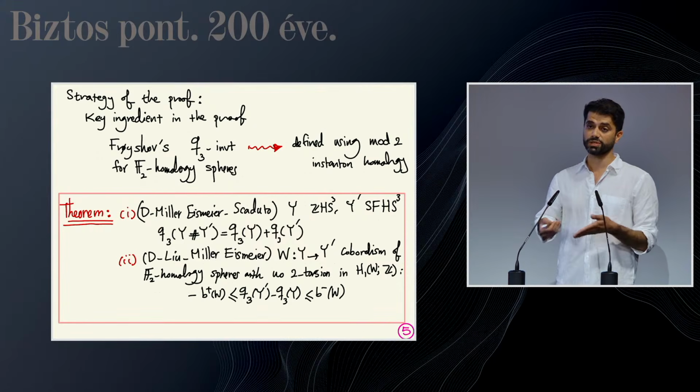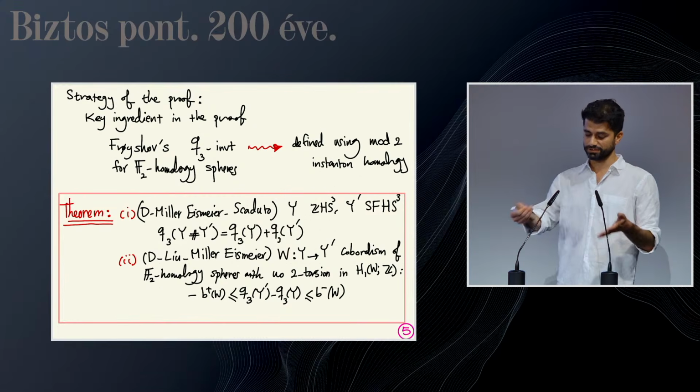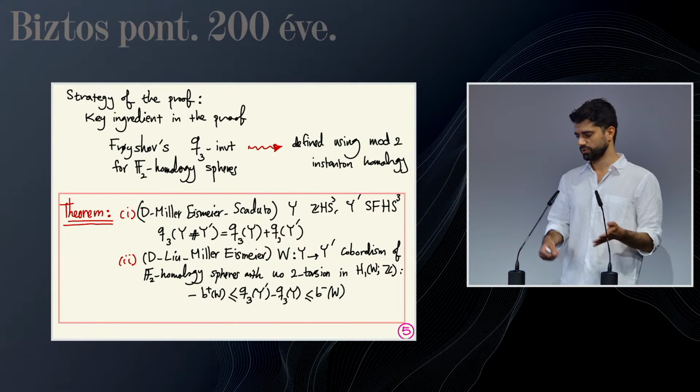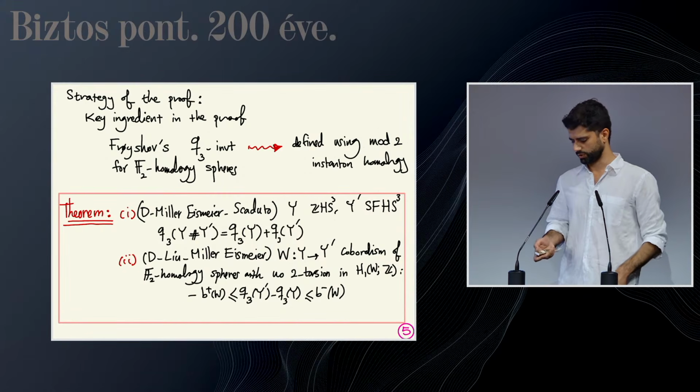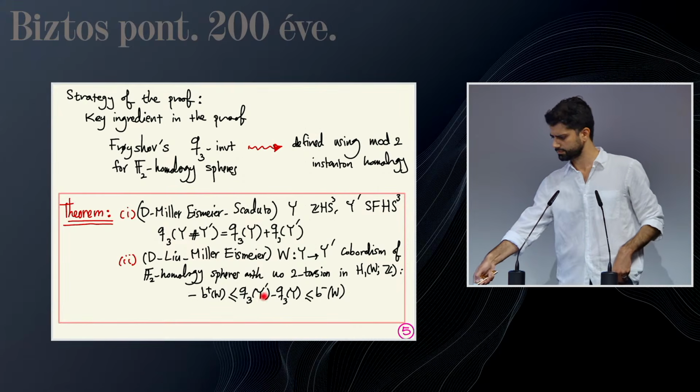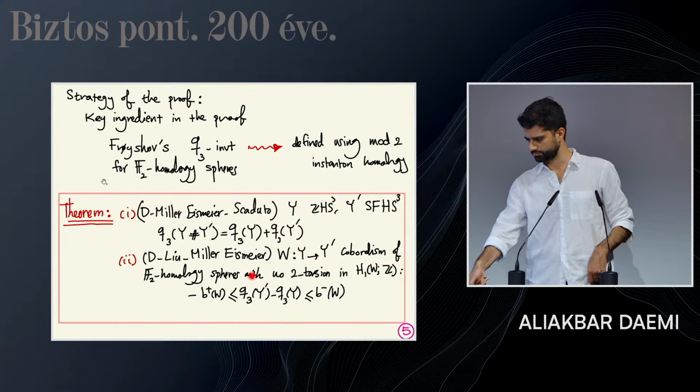If you have two of them and some cobordism between them, you can still define Q3 and look at the difference between Q3 of the two ends. What is true is that the difference between the Q3s is bounded above and below by a topological invariant of your cobordism: bounded above by b minus, and bounded below by minus b plus.